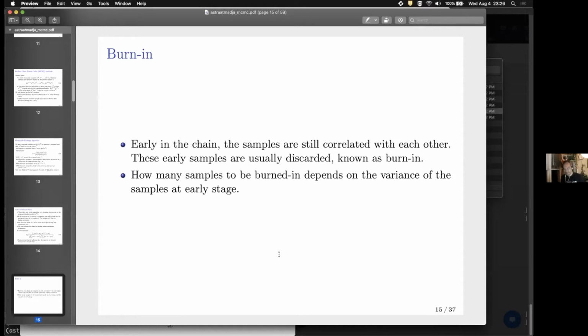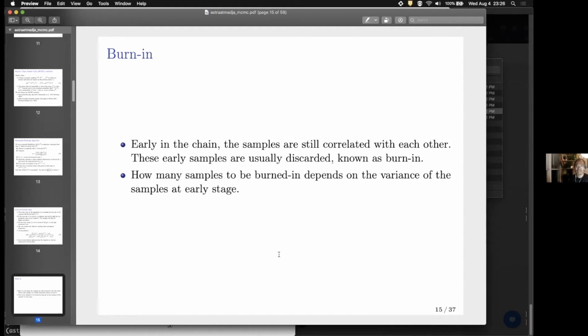Then they move and we generate more samples. Then the samples will be less correlated with each other, and they already approximate the target distribution. So the first few samples are usually discarded.